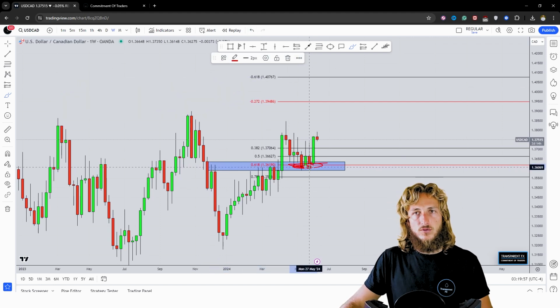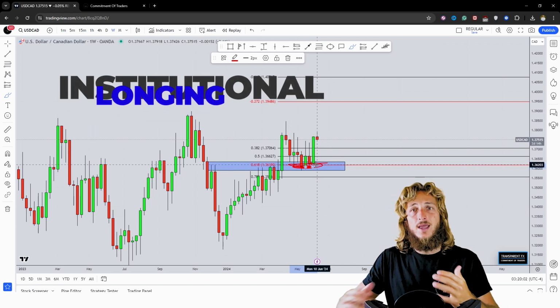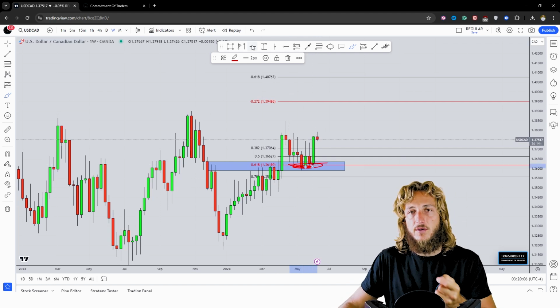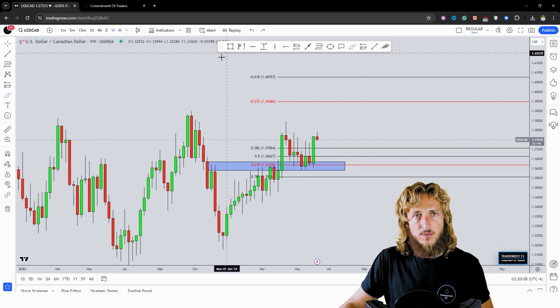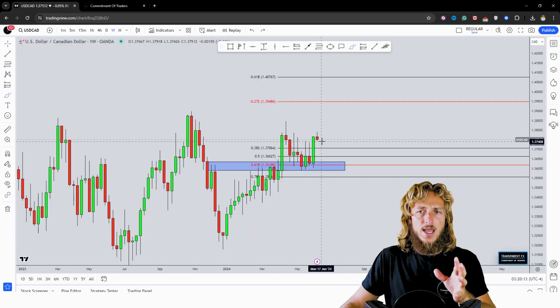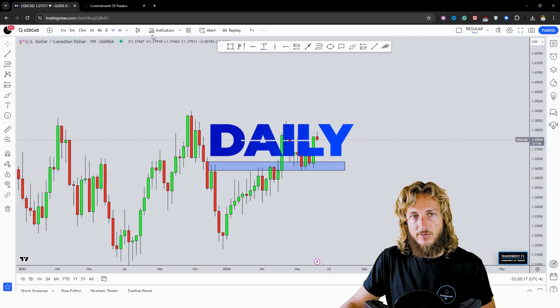And when you have a confluence of support zone, there is increased probability of seeing institutional longing because you have multiple layers of support lining up in the same area of price. And we will be speaking about institutional longing in just a few minutes when we move to the commitment of traders. But before we do that, for now, let's drop down on the daily time frame and see what we have.